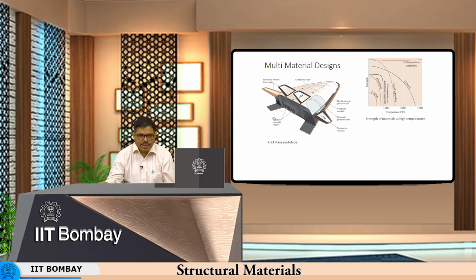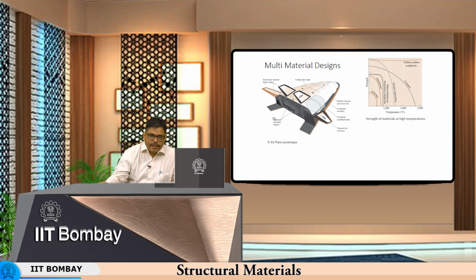For instance, in this case, the body of the spacecraft, space shuttle, would be made of multiple materials. You have tiles which are meant for thermal protection, then composite propellant tanks which are supposed to hold the fuel at whatever pressure you might want to charge it in, and then you have titanium hot structures which are supposed to withstand very high temperature.